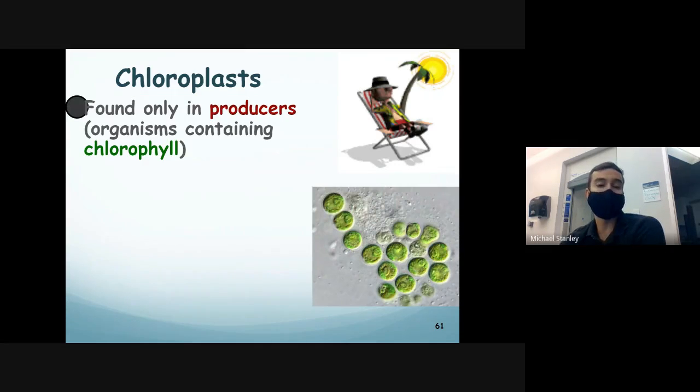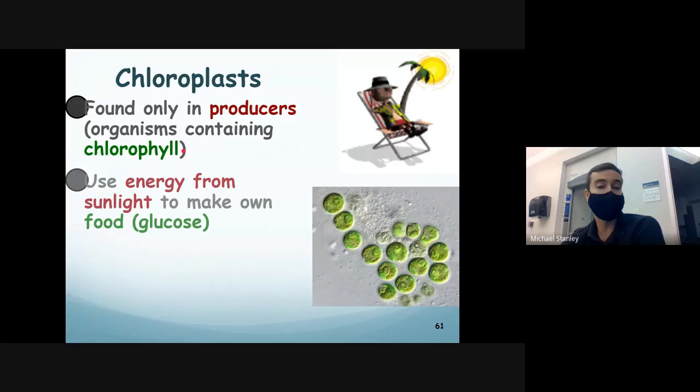They're only found in plants and other producers, things that can produce their own energy, usually from the sun. They contain a pigment called chlorophyll, which is green, which is why a lot of plants are colored green.